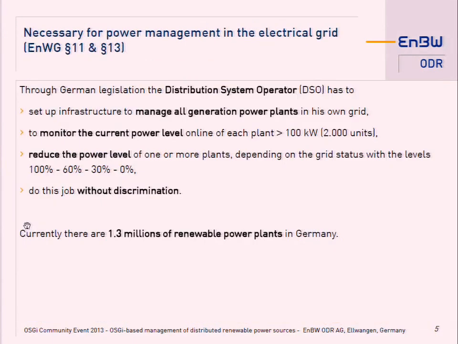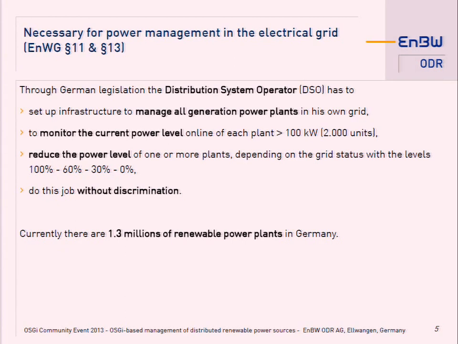Through EnBW, paragraphs 11 and 13, German legislation says distribution system owners, the ones that operate the grid, are forced to manage all renewable power plants.